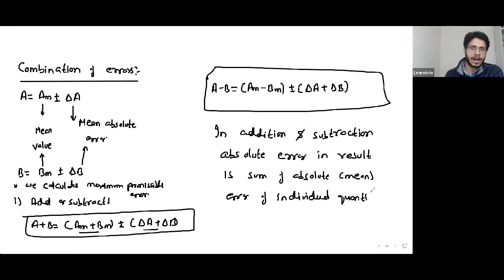So whenever you add or subtract two quantities, the absolute error in the result is basically the sum of the absolute errors of the individual quantities. When I'm saying absolute, that means mean absolute. So let's move on to the next slide. Let's do a few questions on mean absolute error in addition and subtraction.